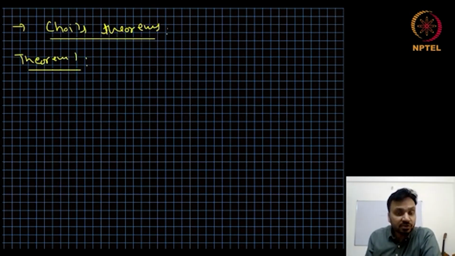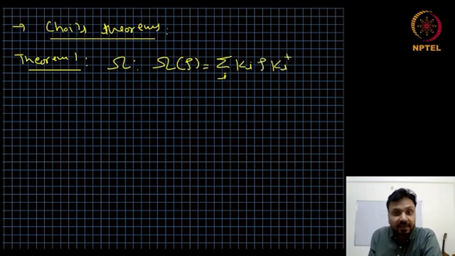The first theorem states that if we can write the action of this map on an operator rho as sum over i, K_i rho K_i dagger for an arbitrary set of operators K_i, then this map omega must be completely positive.